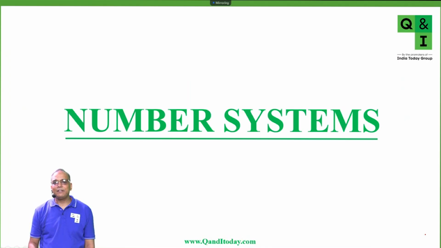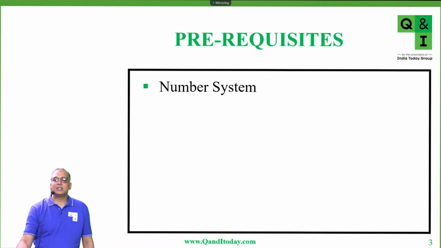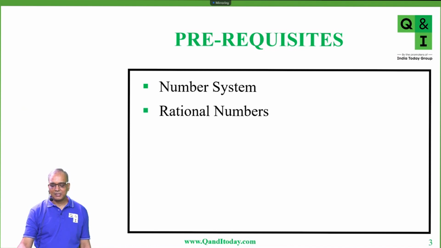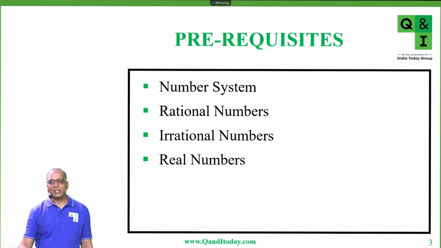As I said, we'll continue with the chapter Number Systems. The prerequisite for today's class is that you should know the number system: natural numbers, whole numbers, integers, rational numbers, irrational numbers, and real numbers. You should know the properties of rational numbers and their decimal representation, irrational numbers, their properties and decimal representation, and real numbers.